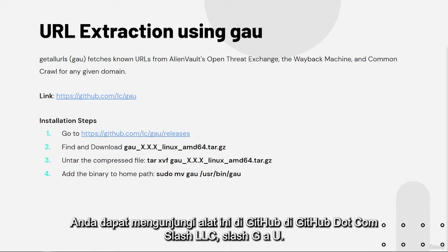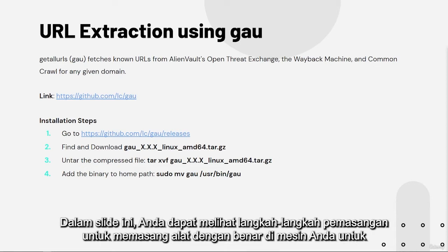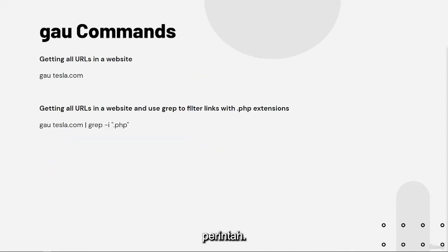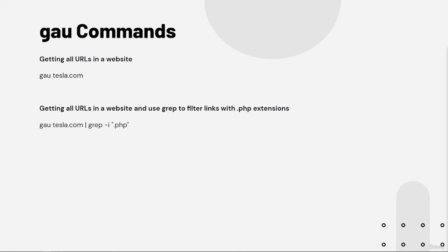You can visit this tool on GitHub at github.com/lc/gau. In this slide, you can see the installation steps to properly install the tool on your machine. For the commands, we will be using the following sample commands in our next video.